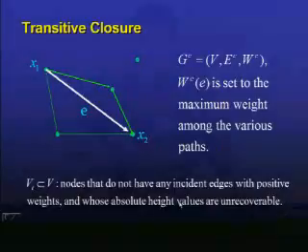Then we can do some further analysis. Say we can run transitive closure on this thing, which basically propagates all the differences around. If previously there's a path between two pixels, so you have a lower bound on each edge, then you have an edge directly connecting these two pixels in the final graph. The weight on that should be set to the maximum weight among all the various paths, because that's the lower bound.